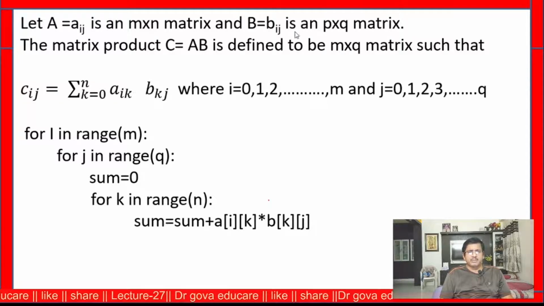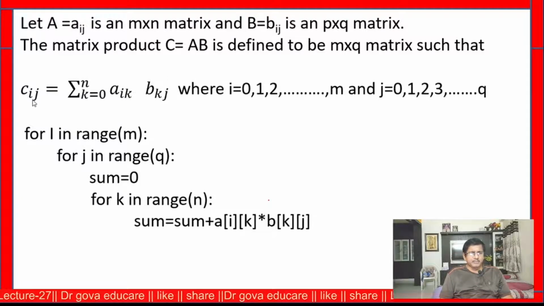Otherwise, matrix multiplication is not possible. The compatibility condition is if N is equal to P, then only the matrix multiplication is possible. After multiplying, C is an M by Q matrix.